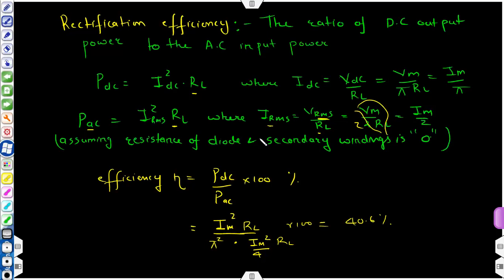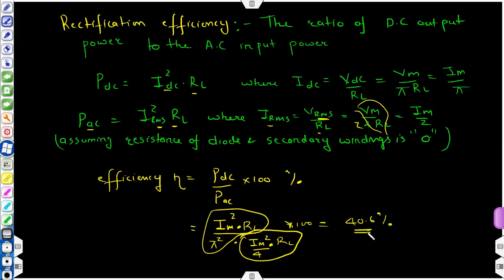Putting this value into the formula and taking the ratio, efficiency eta is given by PDC by PAC into 100 in terms of percentage. So Im square dot RL divided by pi square is your DC value, Im square by 4 into RL is your AC value, into 100 will give you 40.6%.